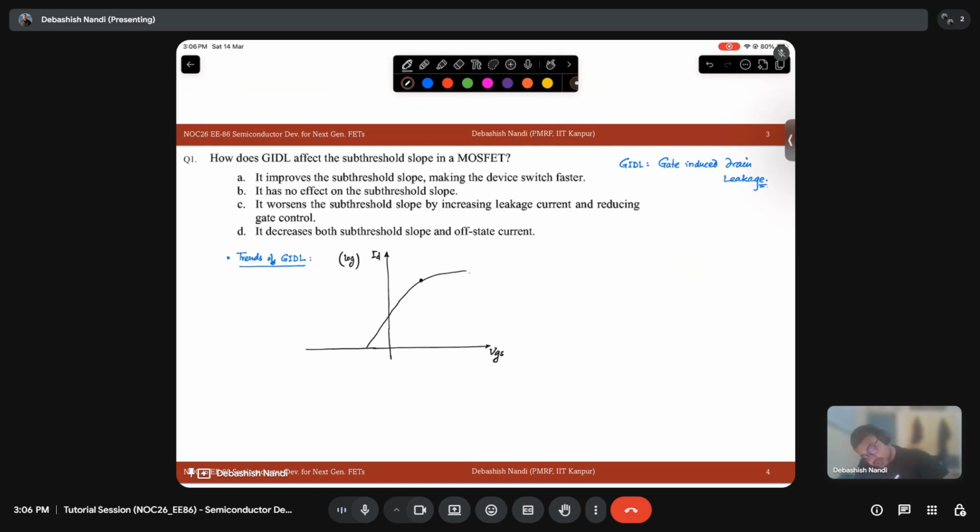Let's say around here is my threshold voltage, VTH. This is my on state or inversion.